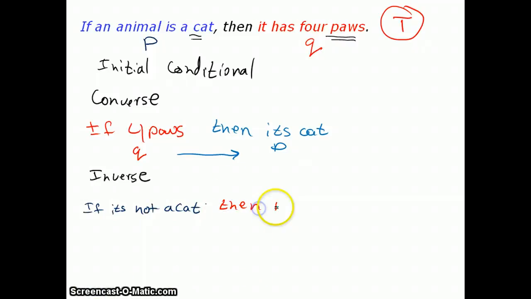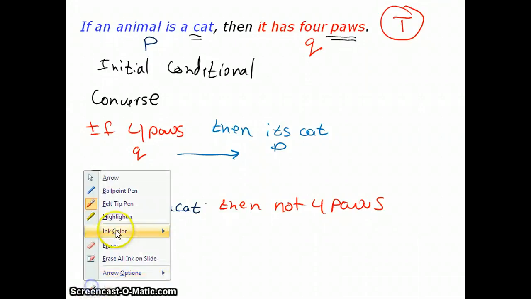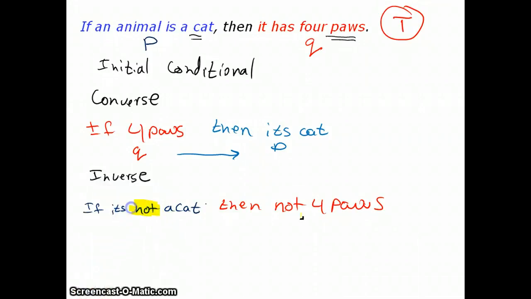Then not 4 paws. I'm abbreviating my English here. And these nots are what make it the inverse. Everything's still in the same order. I just added the word not into the picture.